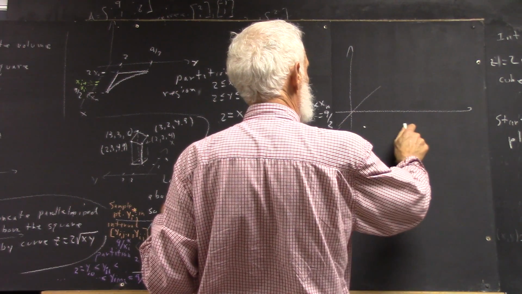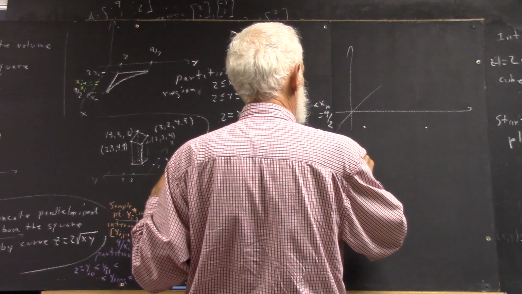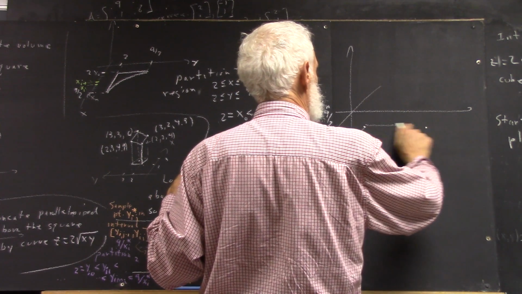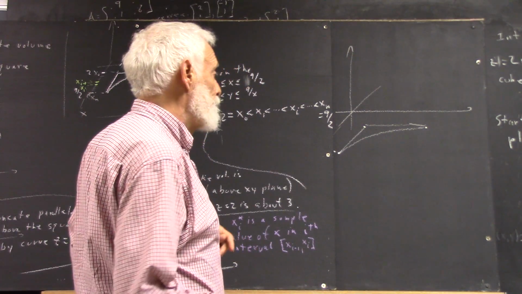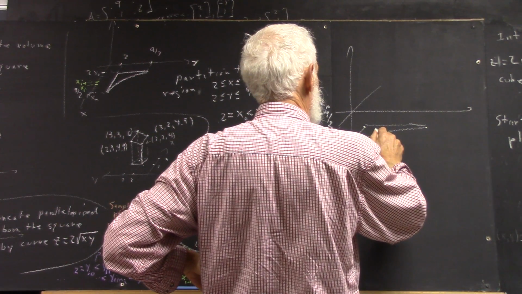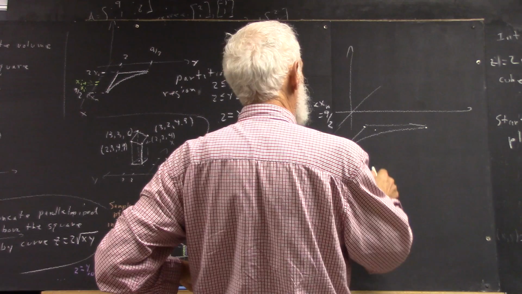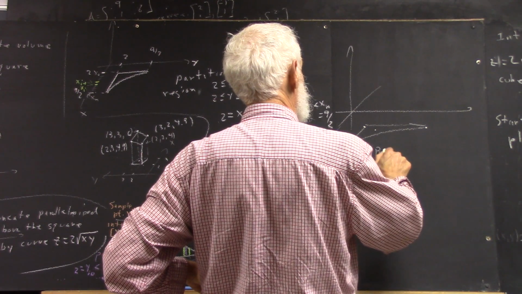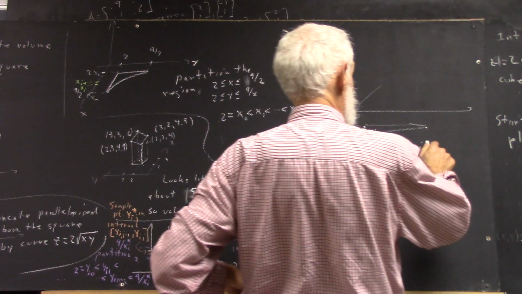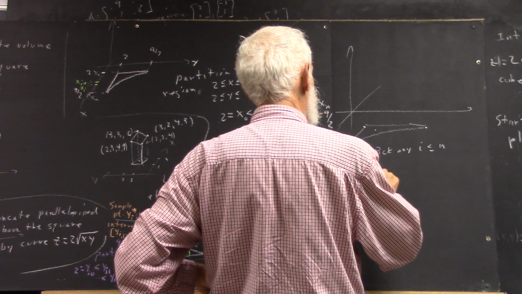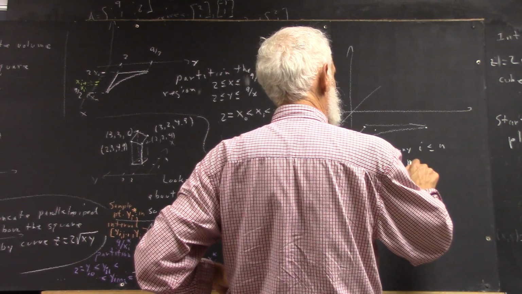We have our region. Okay? We have a point within our region. And this point, for some ij, pick any i less than or equal to n, and any j less than or equal to m sub i.